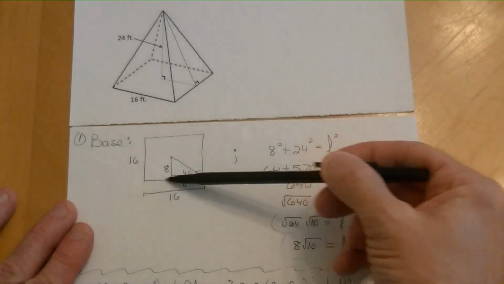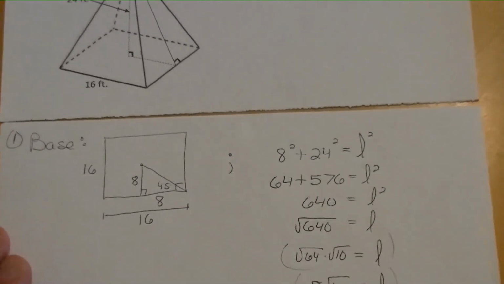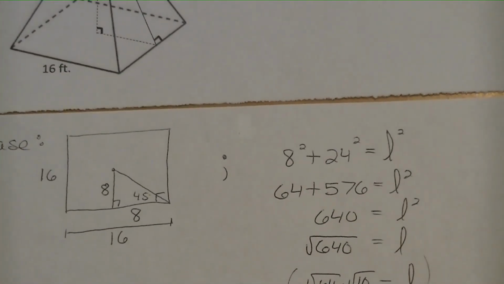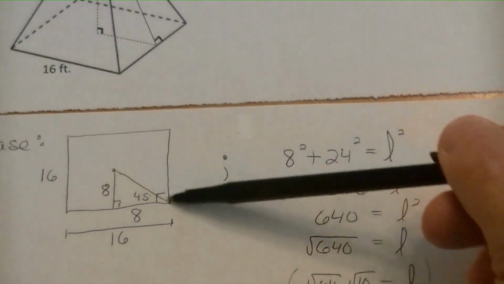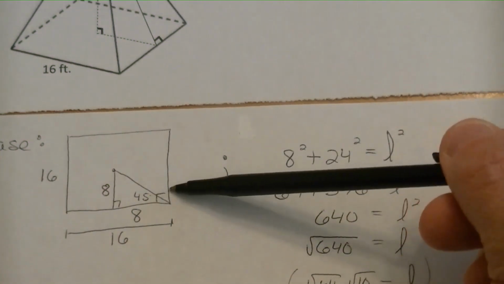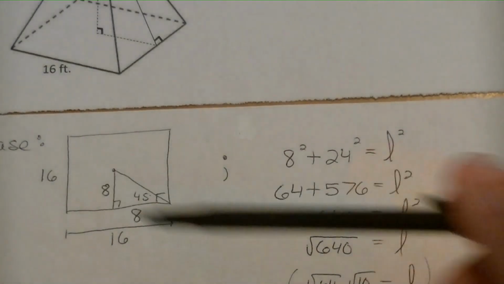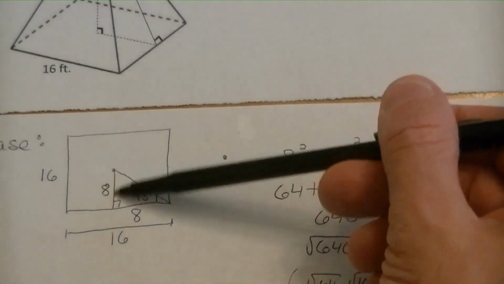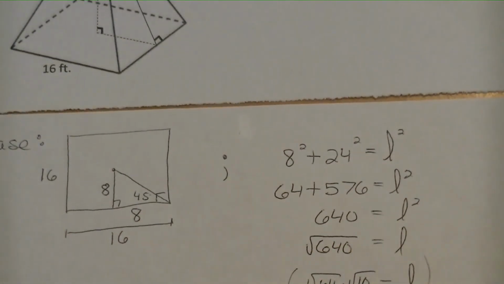Every side length was 16. And using our area work, what we know about apothems and radii on regular polygons, the apothem bisects the side and the radius bisects the right angle in this case. So I had a little 45, 45, 90, legs both 8. So that told me the apothem of the base of the pyramid was 8.